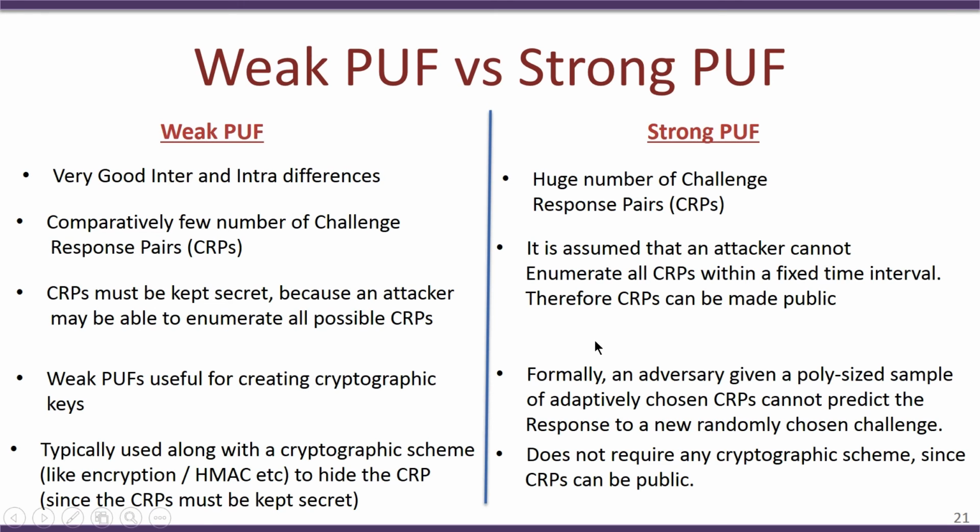Therefore, the used challenge response pairs can be made public, and typically these strong PUFs will not require a cryptographic scheme because there is nothing secret which needs to be stored.